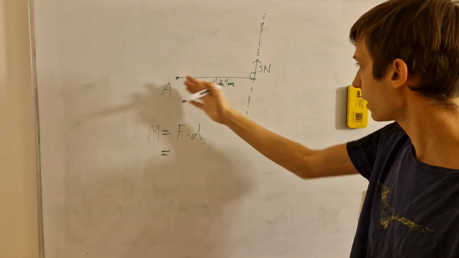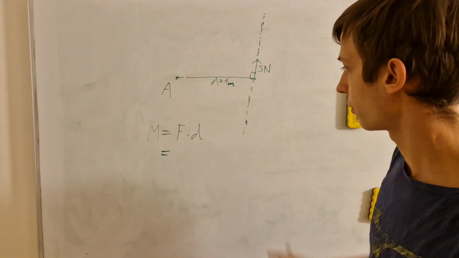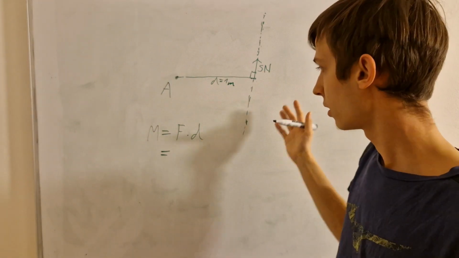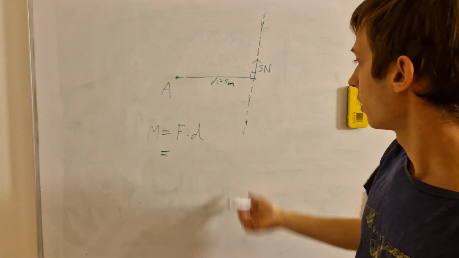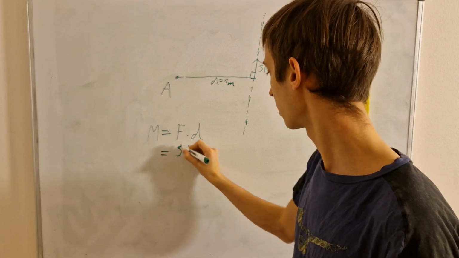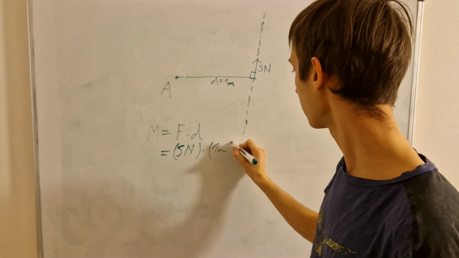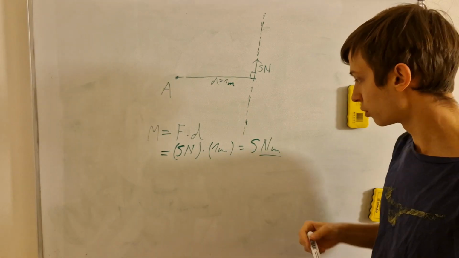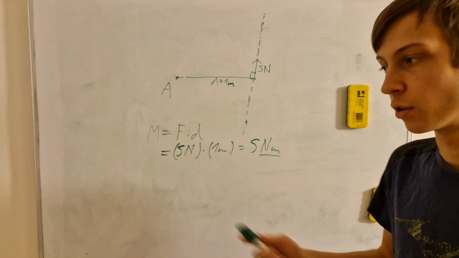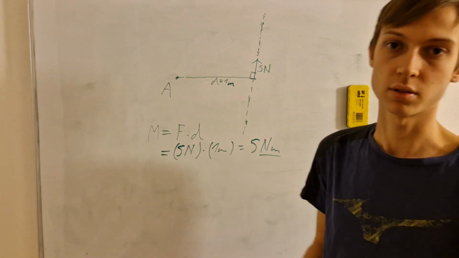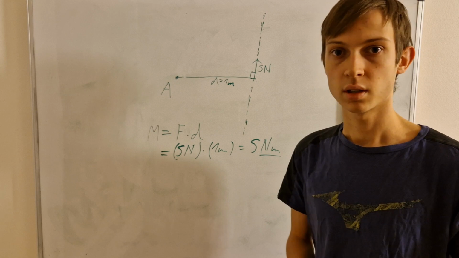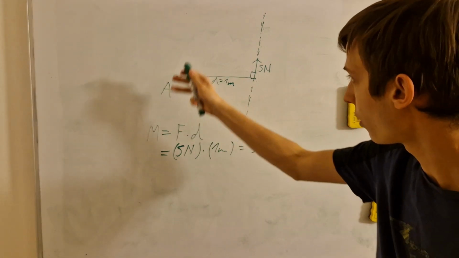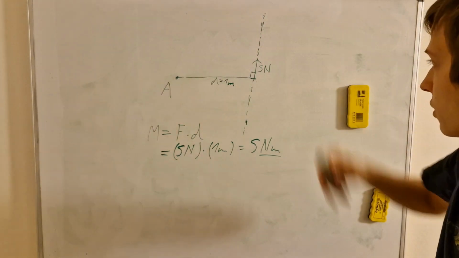The moment at point A caused by this force of 5 newtons, which is perpendicular to the line connecting to A already, is 5 newtons multiplied by 1 meter, so 5 newton meters. The moment unit is newton meters, force times distance. That's the moment at A caused by this force.